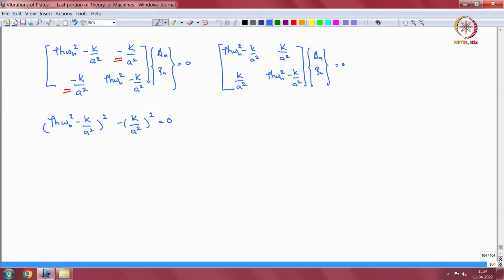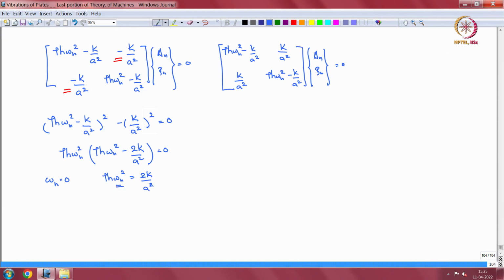And if I solve this, I get for one case omega_n is 0, and in the other case rho h omega_n^2 minus 2k by a^2 is 0, so rho h omega_n^2 is equal to 2k by a^2, and we can compute this.